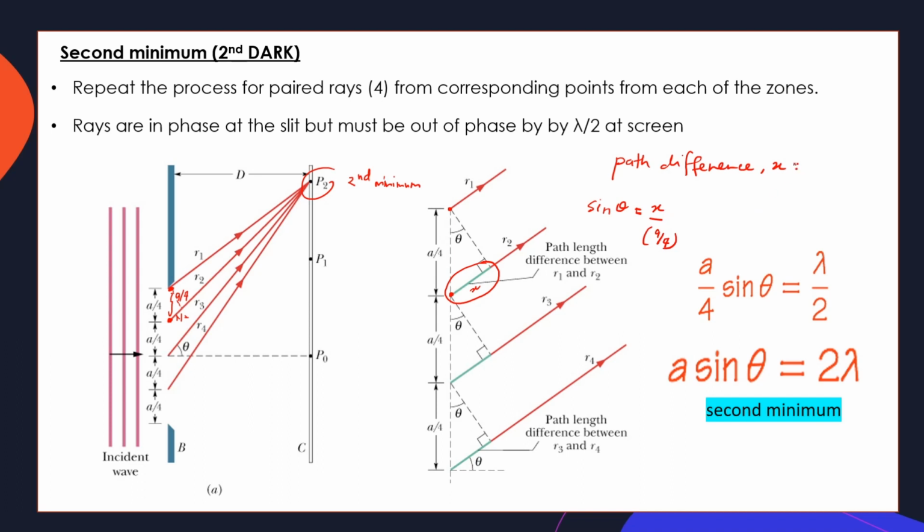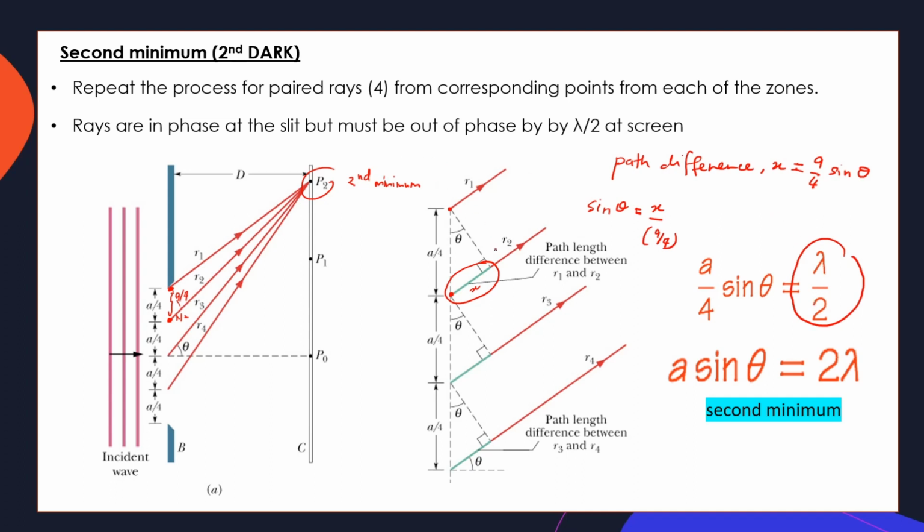Therefore, X is equal to A over 4 sin theta. So this is the path difference between R1 and R2. So if point P2 is the second minimum, that means the path difference between R1 and R2 is lambda over 2.